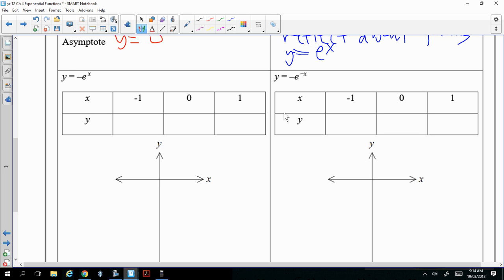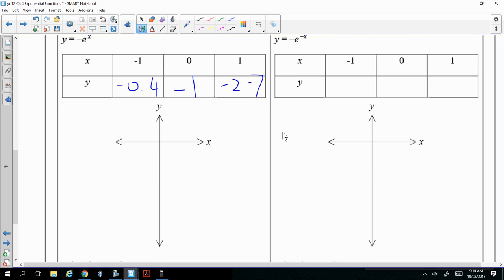And the rest, this will be -0.4, -1, -2.7. Right, like this. And then you do this.